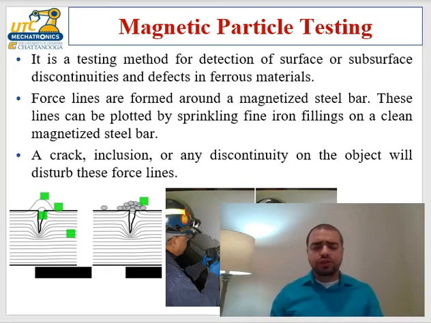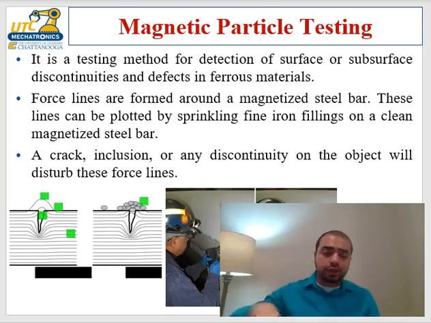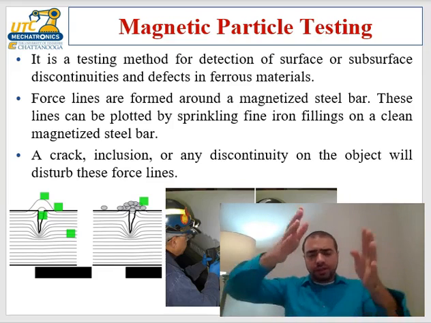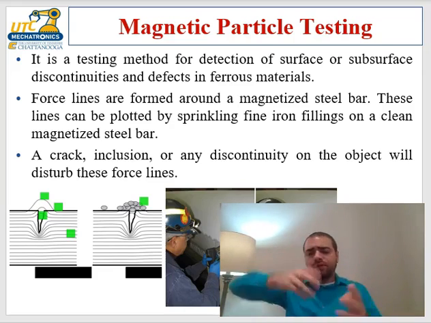The measurements are going to be extremely weak. On the other hand, if you use a ferrous material like steel, the reluctance is going to be extremely low, and the magnetic field lines will be very strong. They will allow the particles you spray first, iron filings of course, to line up with the magnetic field lines.